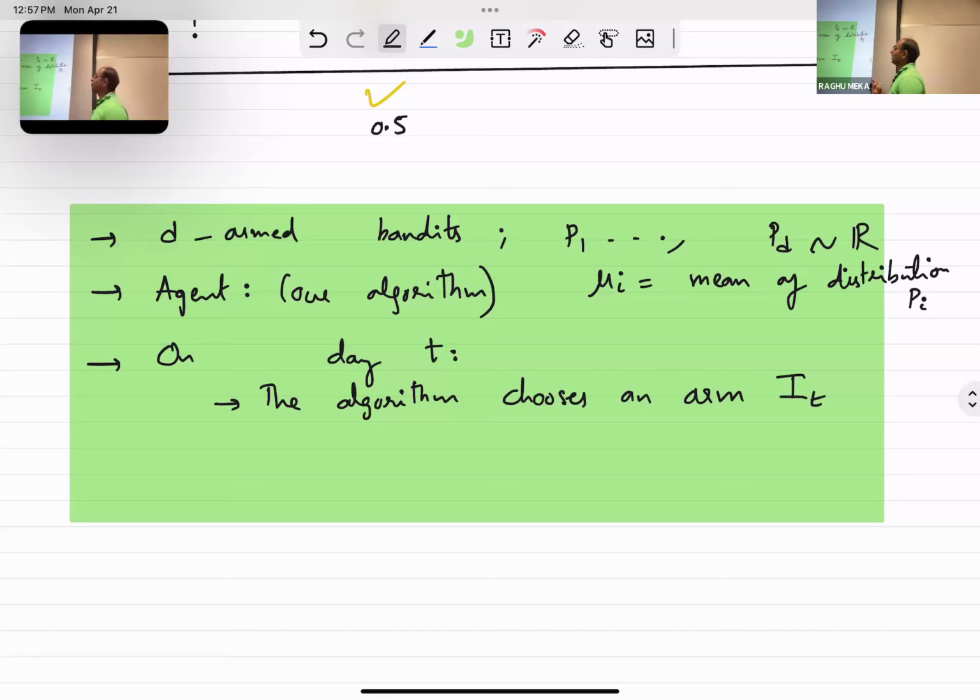So we choose an arm, we choose an expert to follow. We don't get to decide anything else. We just get to see which expert to follow, and let me denote it as I_t, which is a number from 1 through D.